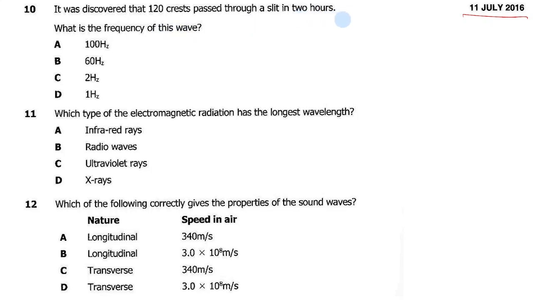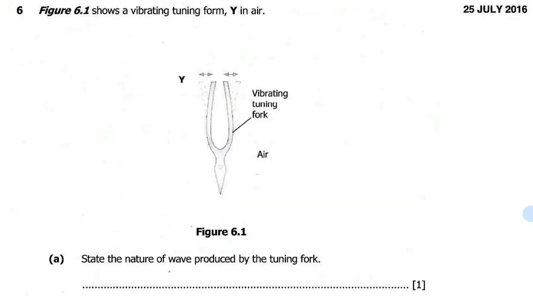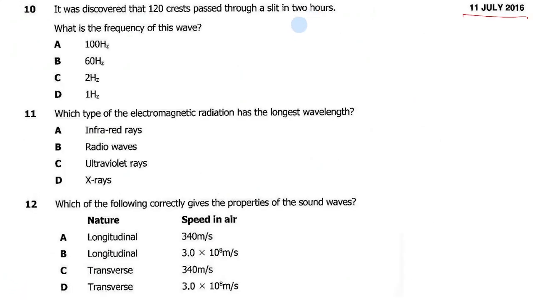So this time, which is 2 hours, let's convert it into seconds so that it can make sense, guys. If you are moving from hour to minutes, you multiply by 60. Then again from minutes to seconds, you multiply by 60.